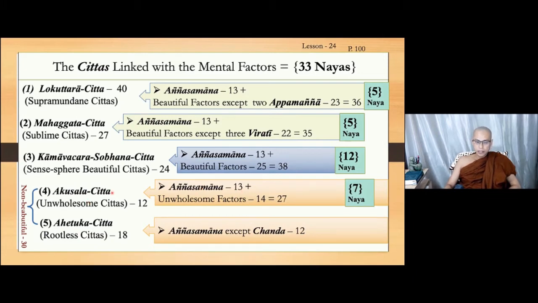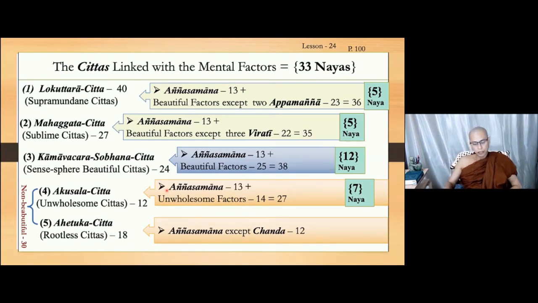For example, here we talk about the group of Akusala, and we already counted how many mental factors associate with each unwholesome consciousness in the Sangaha Naya of the Akusala Citta. And that is this separate enumeration.